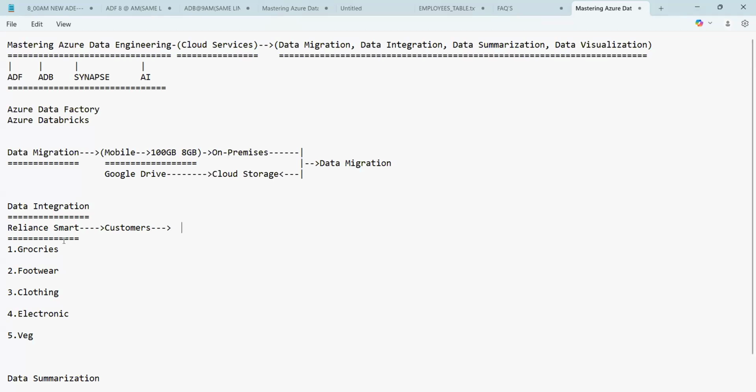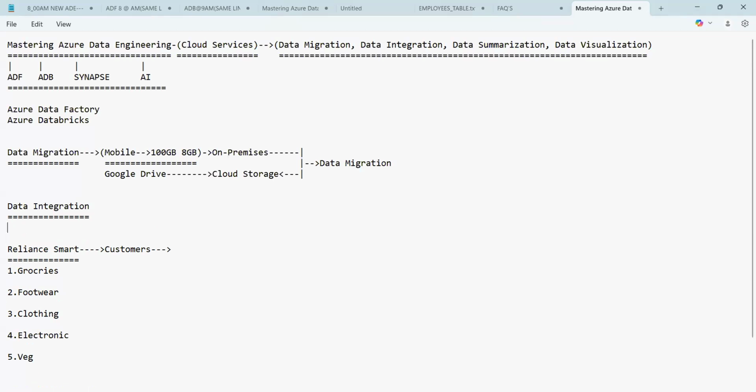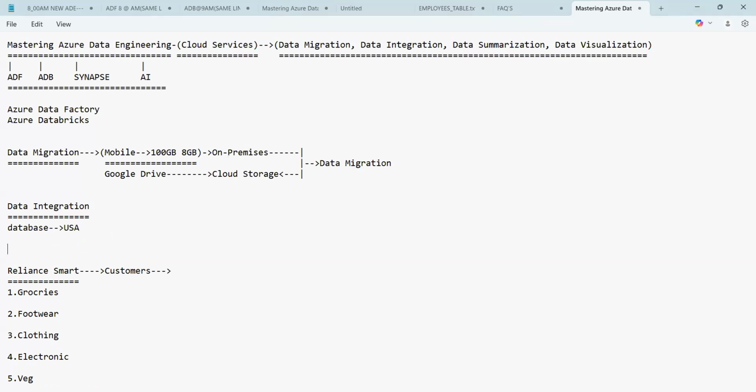So the same way here, guys, the data you can get from anywhere. That is nothing but data you can get from a database located in the USA, or files located in Singapore or any other place, or databases or SAP, that is ERP databases, located in, let us say, Japan.